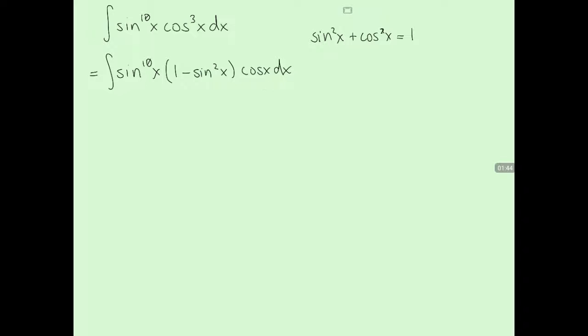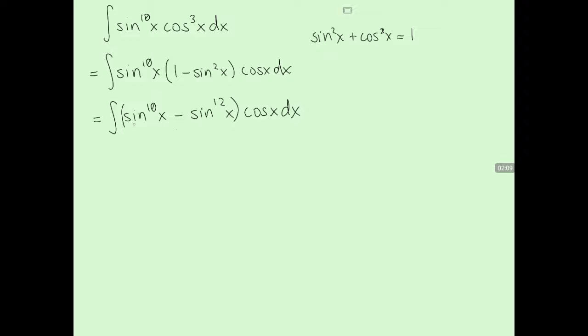So this will allow us to use our integration by substitution. If we continue to simplify this, we get sine x to the power of 10 minus sine x to the power of 12 times cosine x dx as our integral.